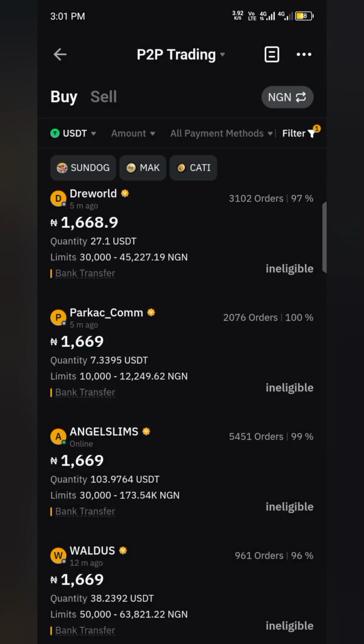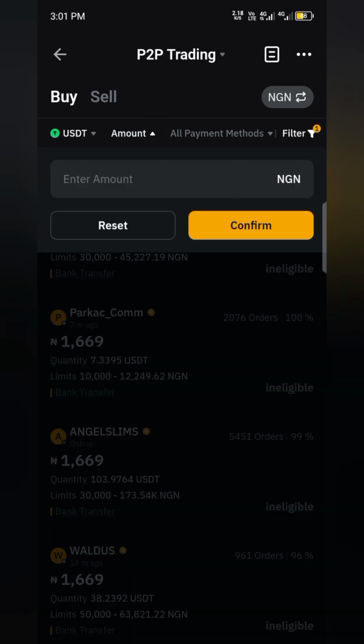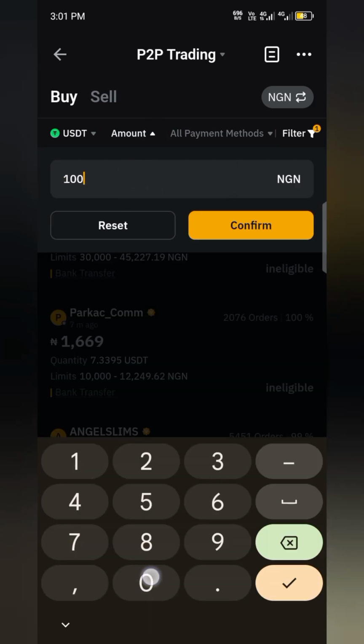Now, let's say for example you want to buy 100k worth of USDT. Just tap on amount here, then input the amount. You will see that the people who have that amount of USDT as their limit or max will pop up.